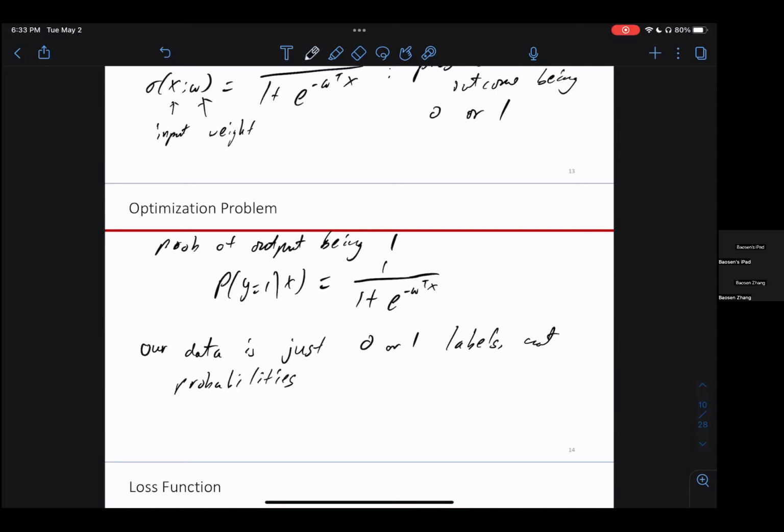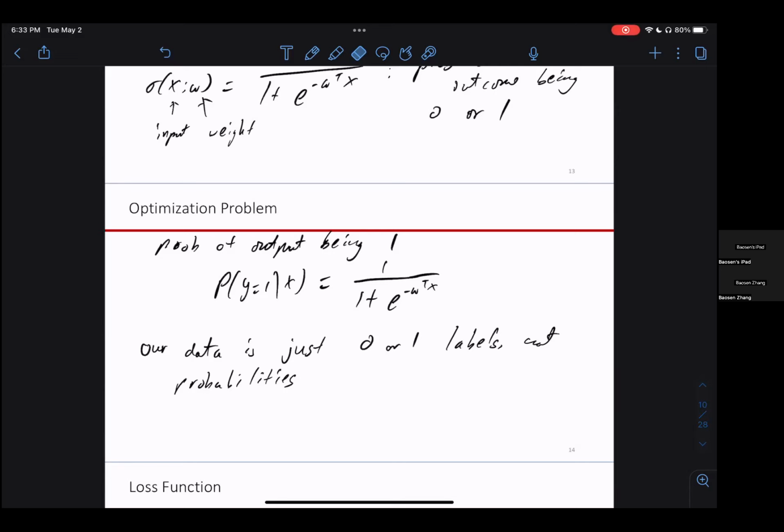This is something to appreciate: when you're doing something like linear regression, the data you have is just real numbers, so you can take a difference and look at how far away you are. When we're doing a classification problem, your data is just 0 or 1. It doesn't tell you what the probability is. When you look at an electric power grid, it tells you whether there is a fault or not a fault. The data doesn't come with how likely I think there is a fault.